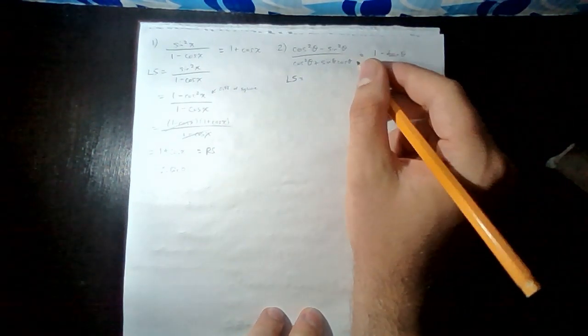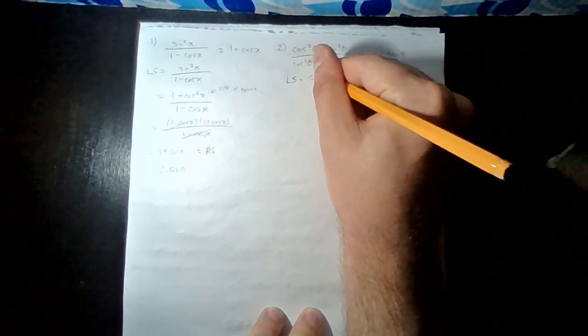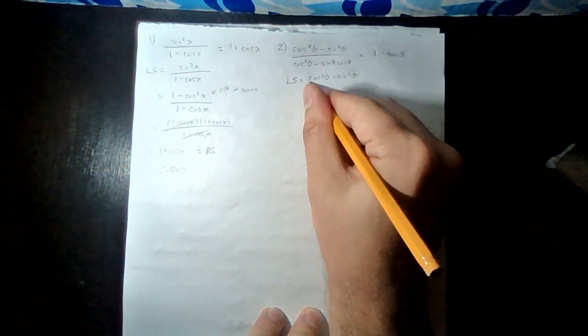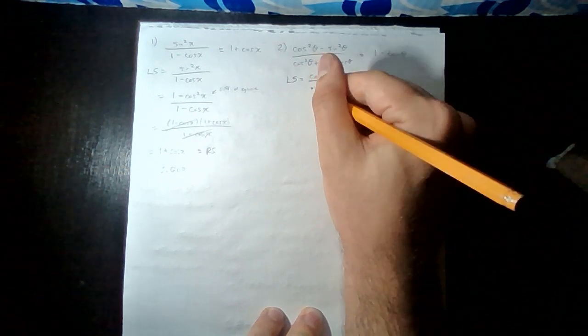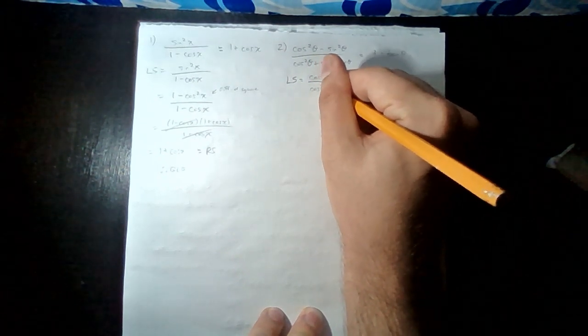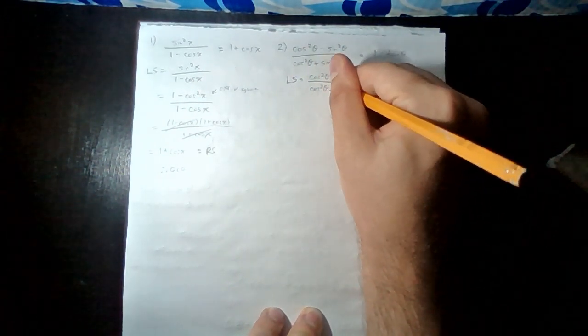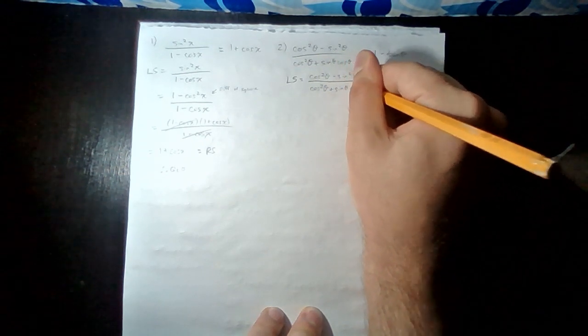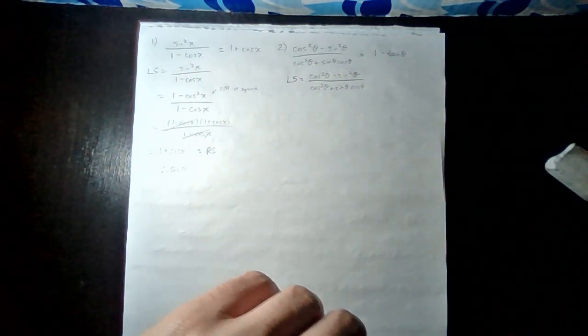There's a couple different ways we can go about it. One important thing to note is that our left side, again, we have a difference of squares happening in the numerator. So let's write that out and see what it looks like.